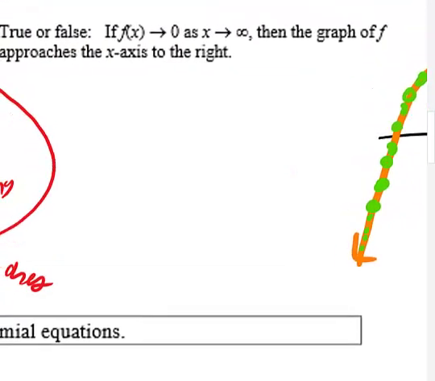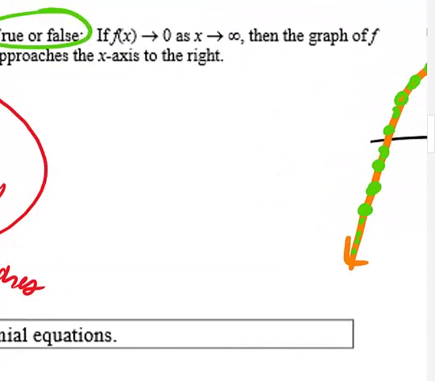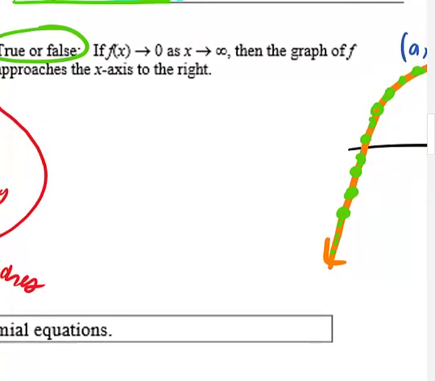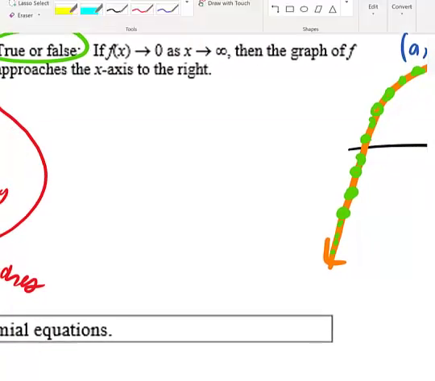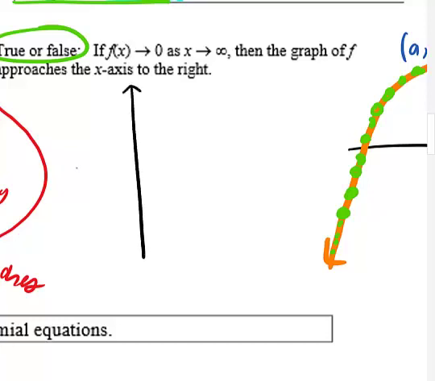Alright, so let's see what they say. True or false? If f of x goes to 0 as x goes to infinity. Let me picture that before I read any more. x going to infinity means you're going to the right, because infinity is the positive direction, and then negative infinity would be to the left.